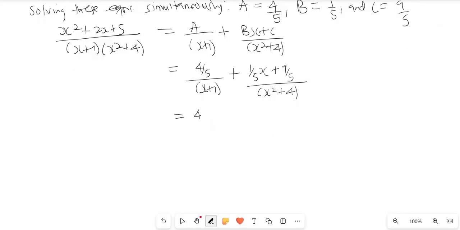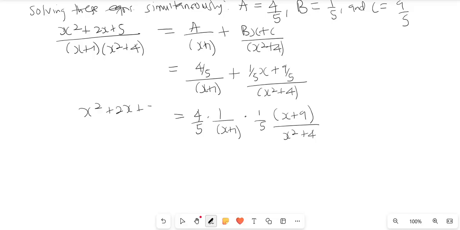So this becomes 4 over 5 times 1 over x plus 1, plus 1 over 5 times x plus 9 all over x squared plus 4. So our original function, which we are supposed to integrate, can be split into this function.